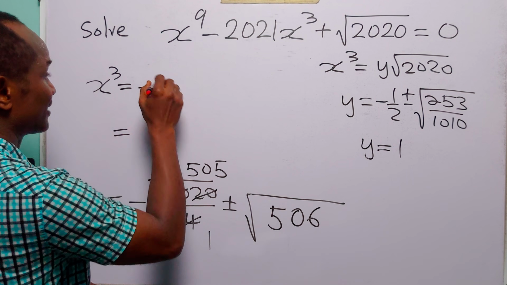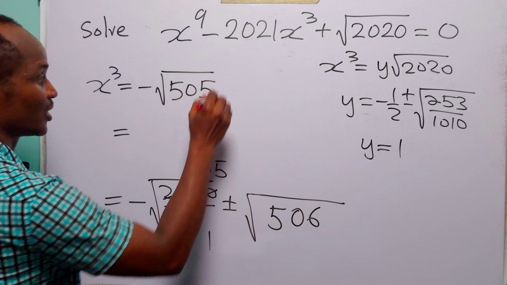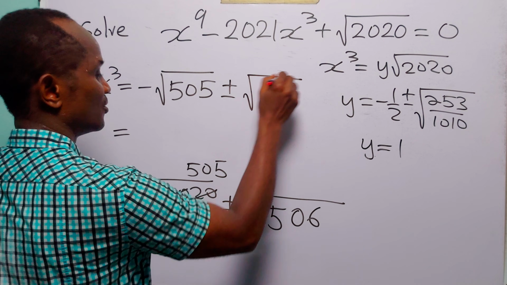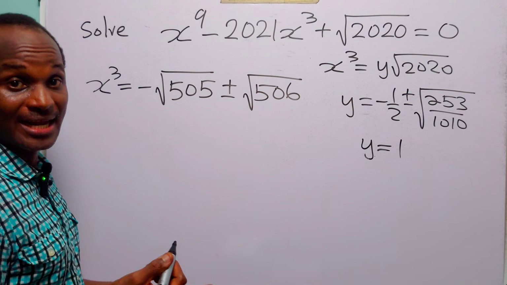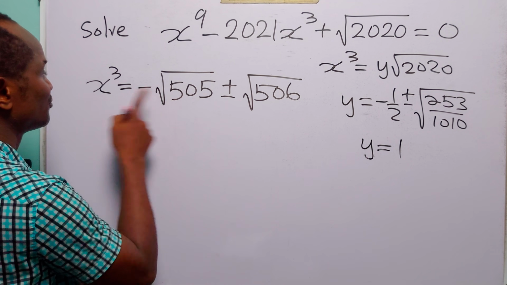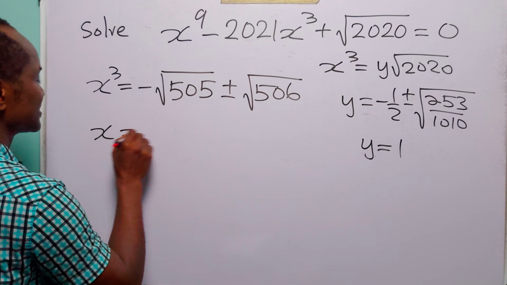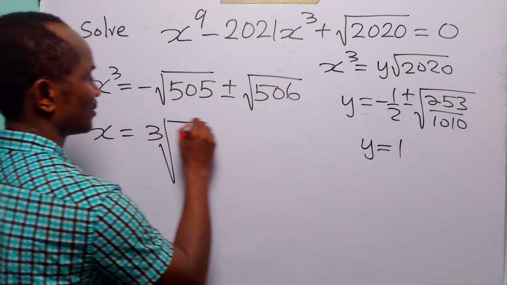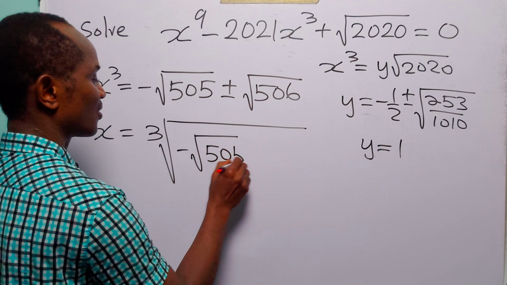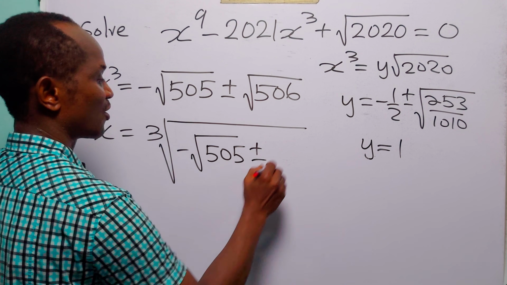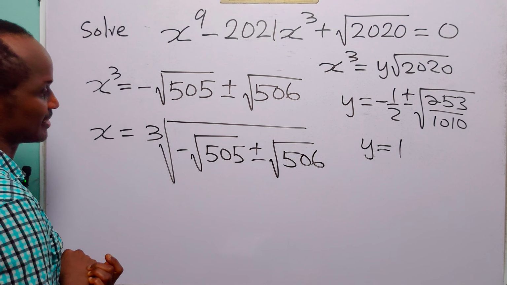So we have minus root 505 plus or minus root 506. And finally, to find the values of x, we take the cube root of both sides of this equation. When we do that, we have that x is equal to the cube root of minus root 505 plus or minus root 506.